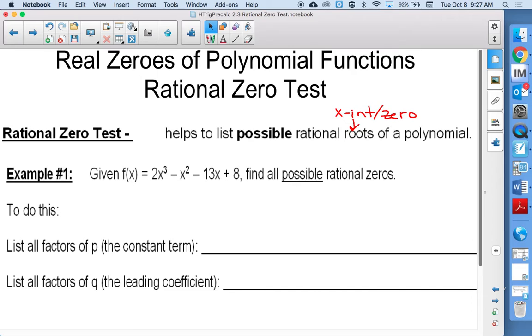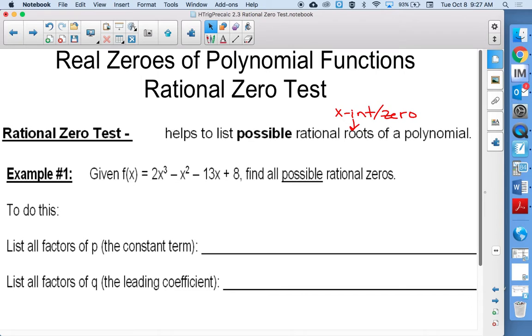Essentially, it helps us find the answers for x by giving us a possible list of x-intercepts, a possible list of solutions. A rational number is a fraction. So we're talking about how can I find zeros that are fractional values or whole number values.